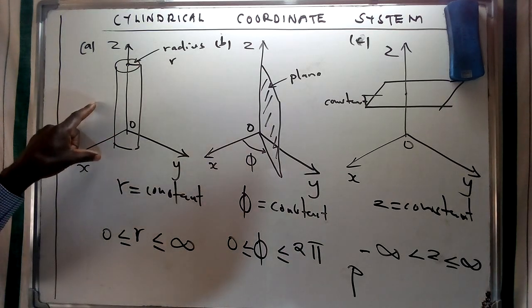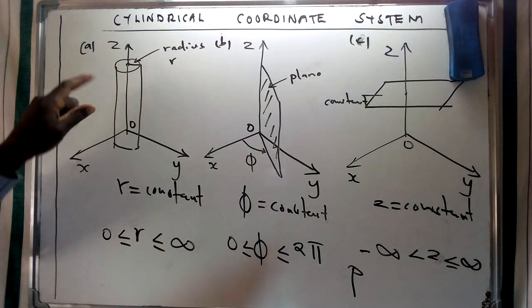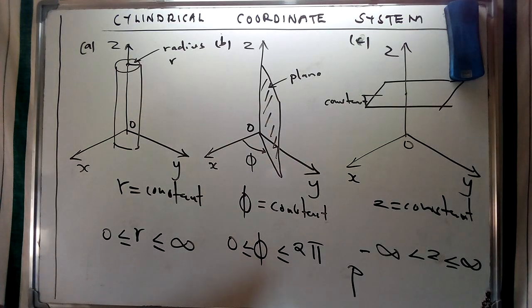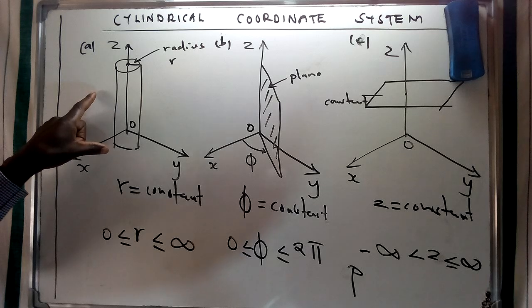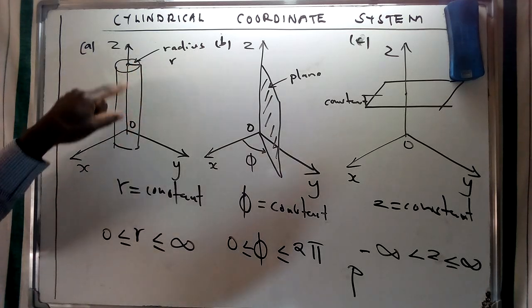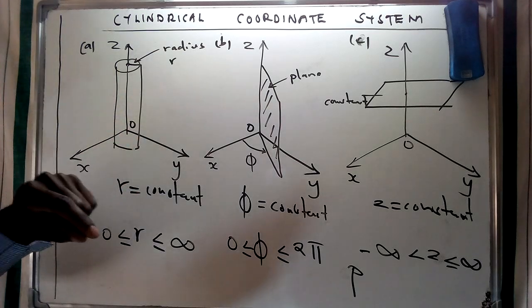And just for a quick recap, I've stated that for the cylindrical coordinate system, we're going to have 3 surfaces which assist us in defining this system. These are a cylinder that forms a radius r with the z-axis, as I've illustrated in the first case for the 3 dimensions of x, y, and z.